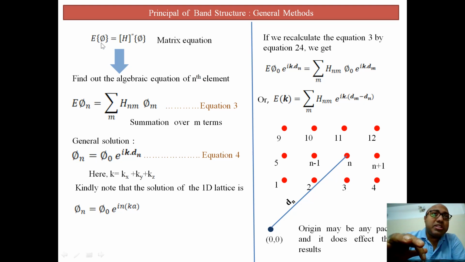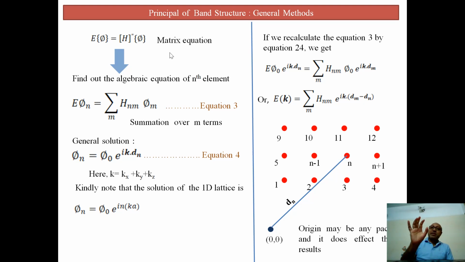This is our original expression, U phi = H phi, which is actually a matrix equation. If you can remember your linear algebra classes, from 10 plus 2 or even the BTech undergraduate courses, there is a method.